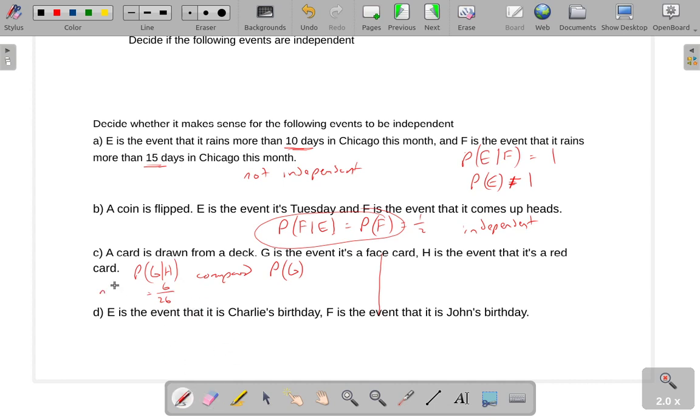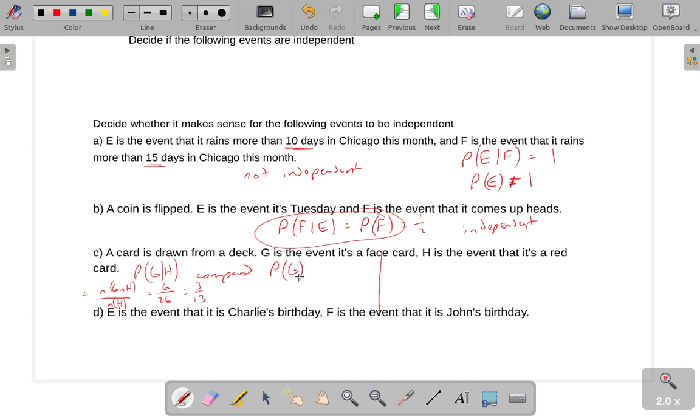I'm doing n of G intersect H over n of H. I'm actually using my sample space here because it's easier than using the probabilities. And I could reduce this down to 3 over 13.